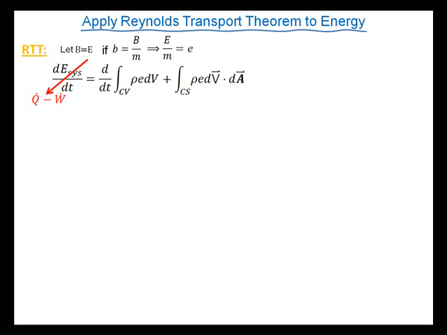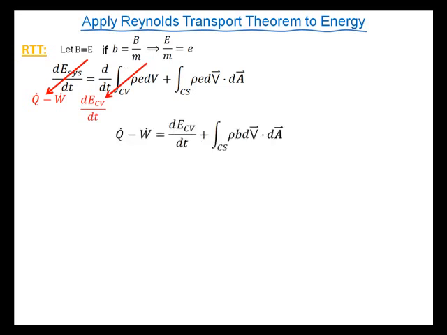So if I take the closed integral over the entire volume, that gives me the total energy in the control volume, and then I'm going to take the time rate of change of that. So let's write it that way so it's a little bit easier to see. And so that term becomes the change in the total energy in my control volume with respect to the change in time. So now we have Reynolds transport theorem in this format.